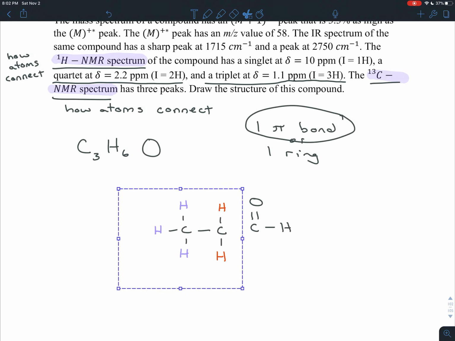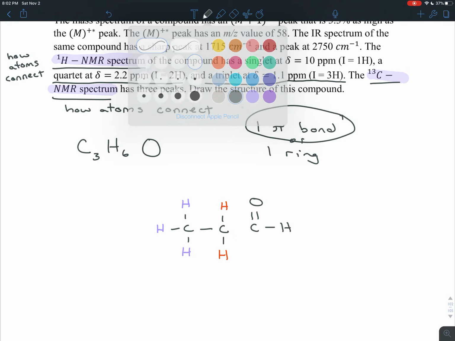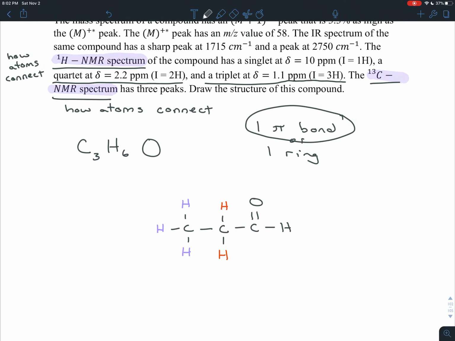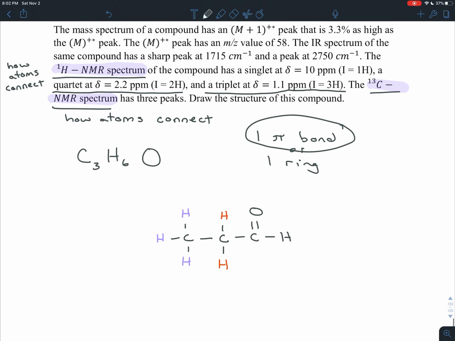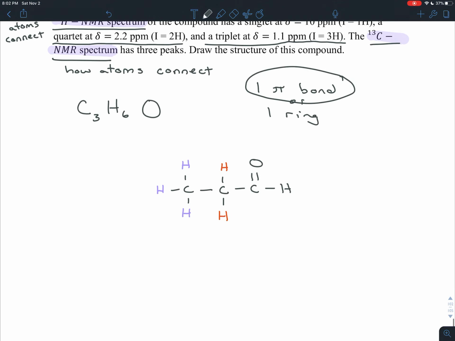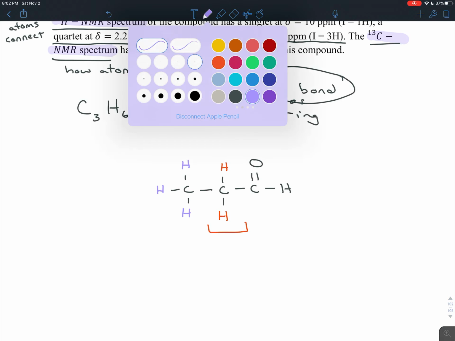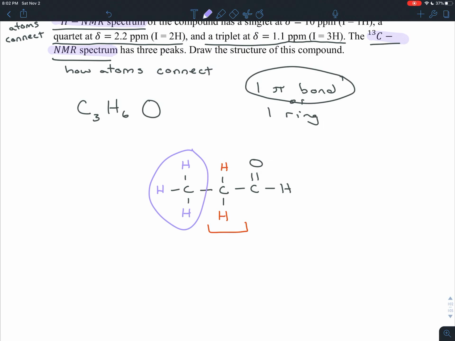And so the way this works, there's only one way that can connect to this carbon to give us all 3 of our carbons, all 6 of our hydrogens, and the oxygen. Let's think about what that splitting pattern means. These hydrogens in the orange, those are split by the different magnetic poles of the 3 hydrogens next to it.